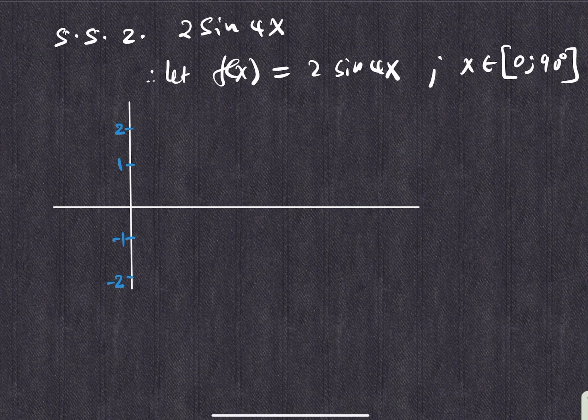I'm doing this for those of you who want clarity as to what is happening here. If you want to sketch this graph, let me say that I'm going to have that and that one. Let's have 45 degrees and 90 degrees. Because it's a sine graph, it must be defined in this situation. So you are definitely going to have this situation like that.